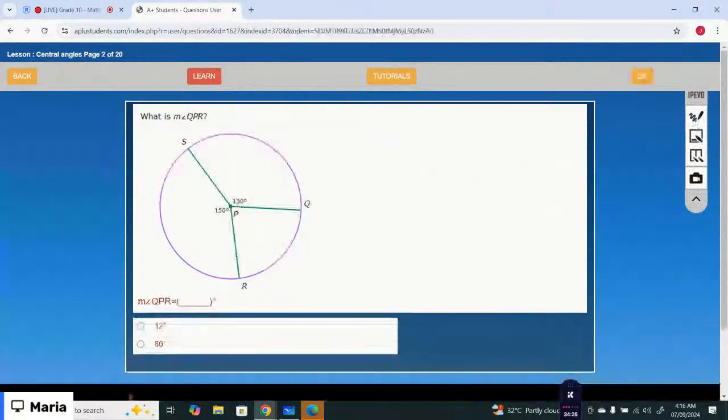Okay, what is the measurement of angle QR, which is the correct option?